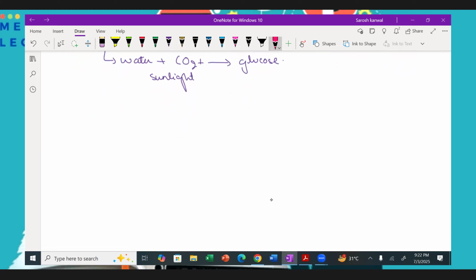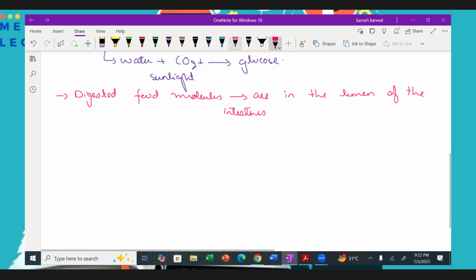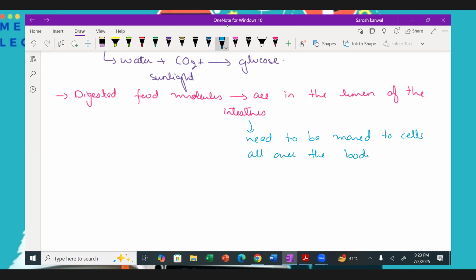And we know that the digested food molecules that are in the lumen of the intestine need to be moved to cells all over the body, right?